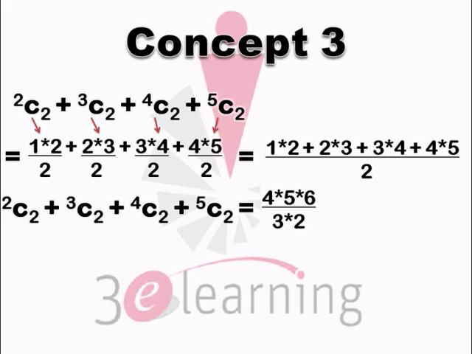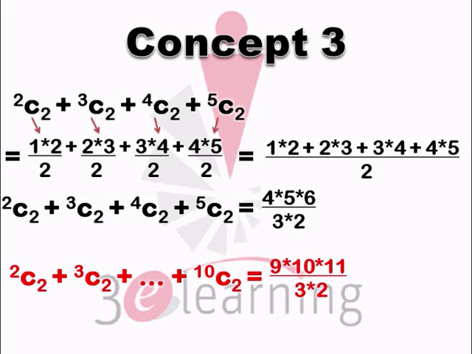So here the concept is, when we have nCr where r is always 2 and n values go from 2 to some number, then for the case of 5c2 we have 4 into 5 into 6, that is 1 below and 1 more than 5, divided by 6.